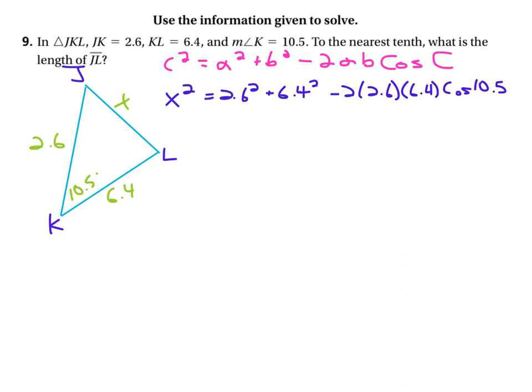And we know all of this information. Everything on the right-hand side is all numbers that we've either got or the calculator can calculate for us, like the cosine of 10.5. So I'm going to say x squared equals, and then I'm just going to type that whole thing into the calculator right now: 2.6 squared plus 6.4 squared minus 2 times 2.6 times 6.4 times the cosine of 10.5, close parentheses, equals.